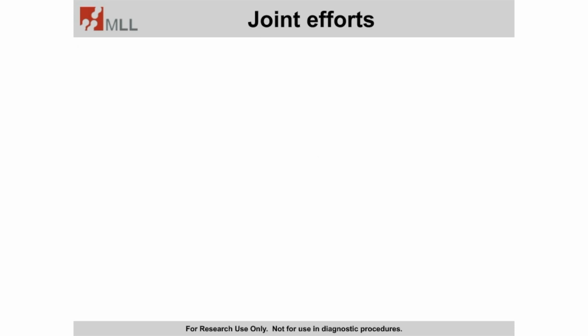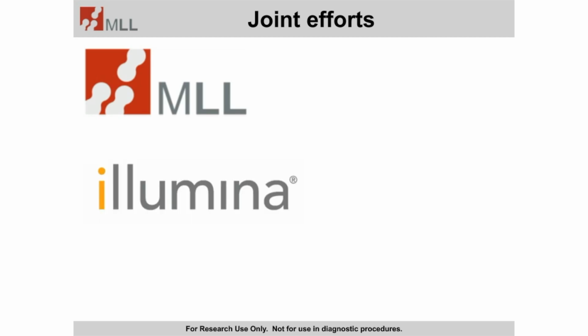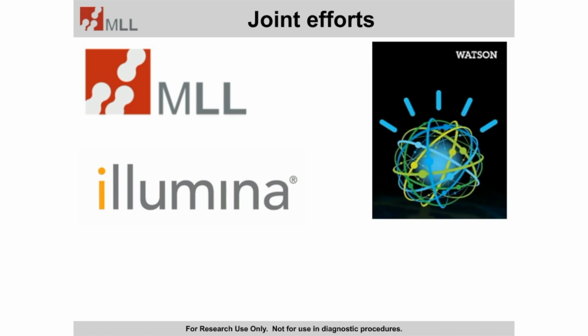Now, I would like to share with you what we think may be one phase between the panel sequencing we use right now and the future of diagnosing leukemias and lymphomas and other diseases. And to learn about the options, we started a cooperation with Illumina as well as IBM Watson this year in March.